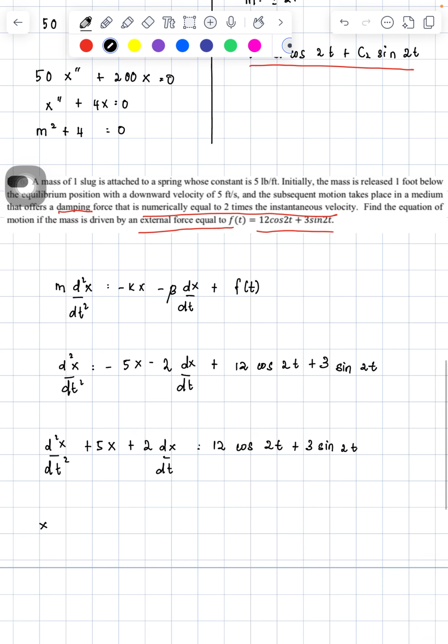So we have x double prime plus 2x prime plus 5x equals 12 cos 2t plus 3 sine 2t.